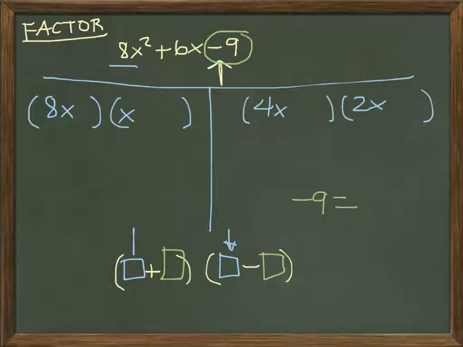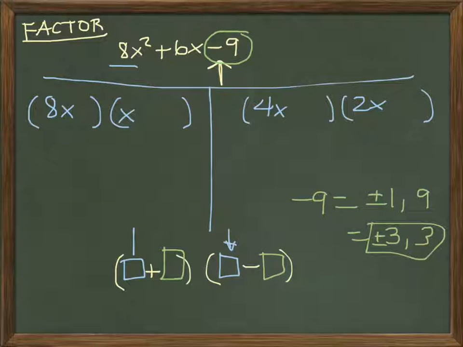Either plus or minus 1 times plus or minus 9, with opposite signs, or a 3 and a 3, and again change signs. This could be plus or minus 3. One has to be positive, one has to be negative. So either plus 1 and negative 9, or negative 1 and positive 9. This doesn't matter, these are symmetric.